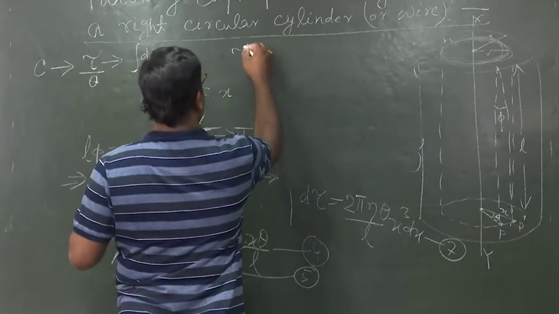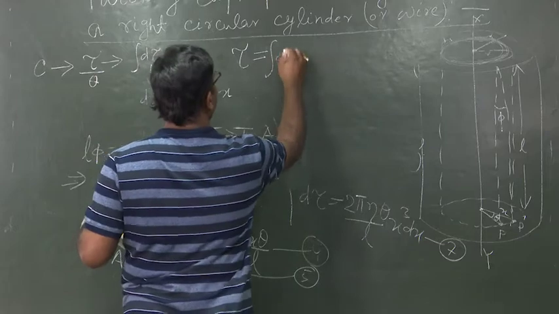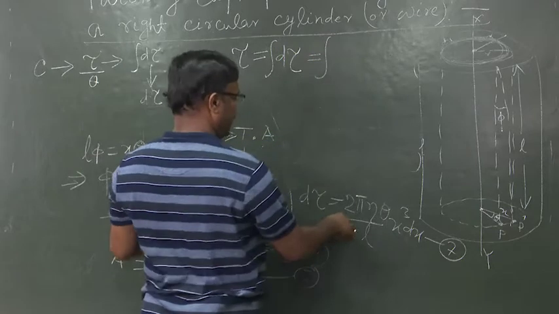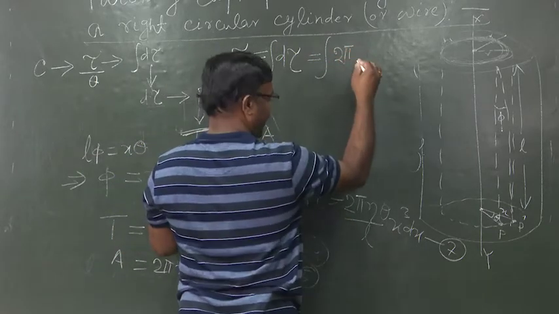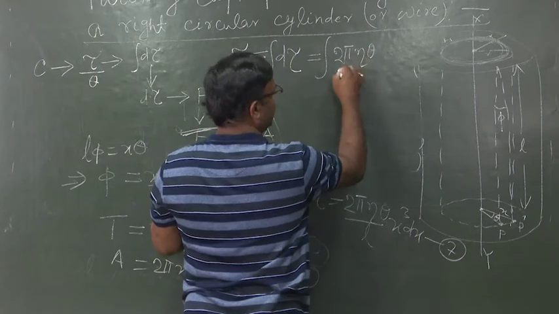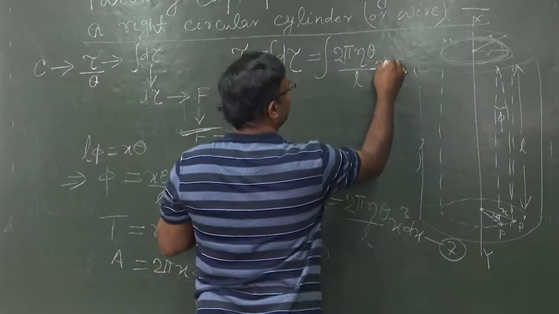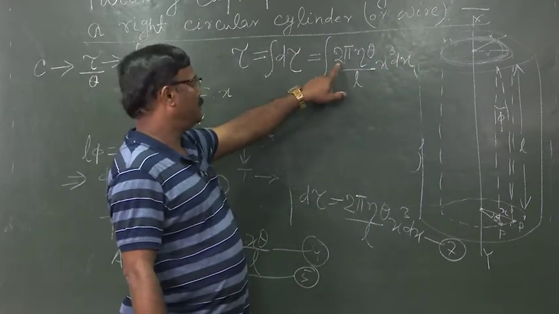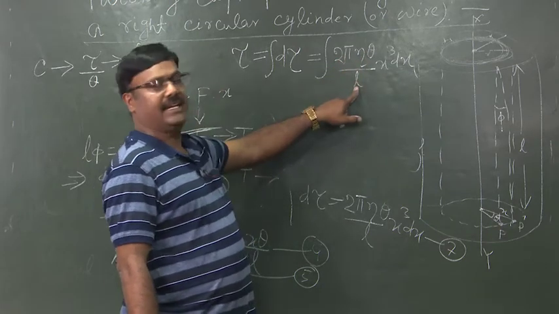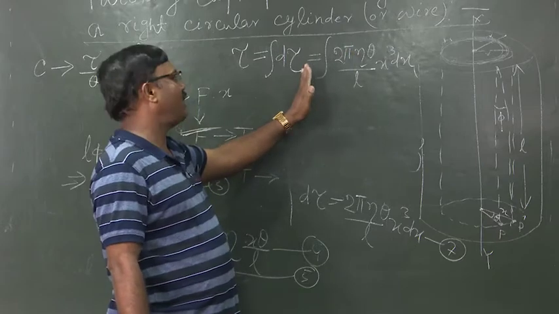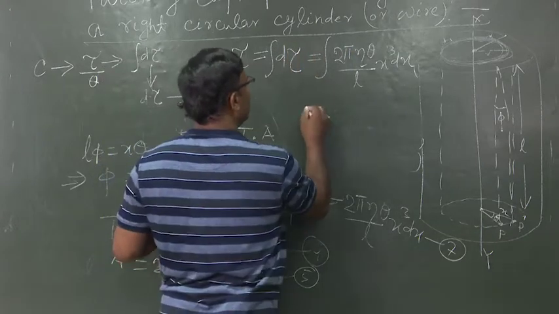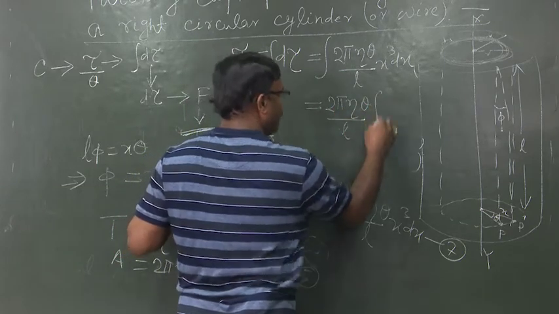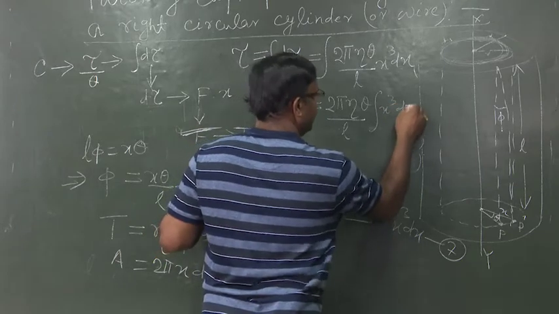Tau will be the integration of d tau, which is integration of 2 pi eta theta by L into x cube dx. Since 2 pi, eta, theta and L are all constants, they can be taken outside.